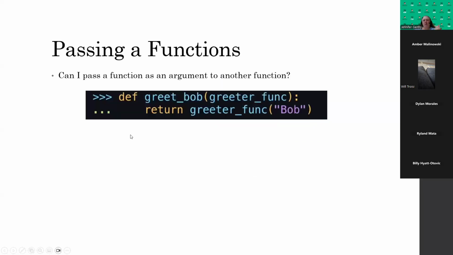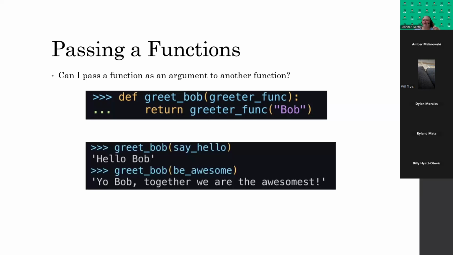I can also pass a function. So can I pass a function as an argument to another function? So def, I'm going to define greet_bob(greeter_func), return greeter_func, and I'm sending it Bob. If I say greet_bob, say_hello, I'm sending to greet_bob the say_hello function.